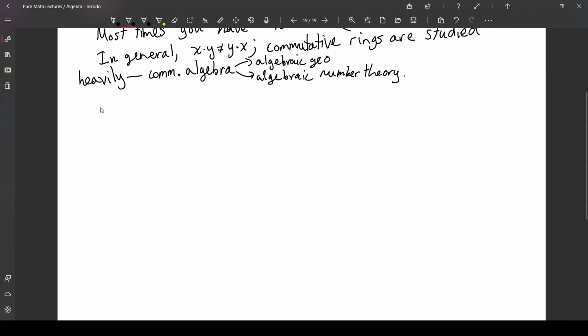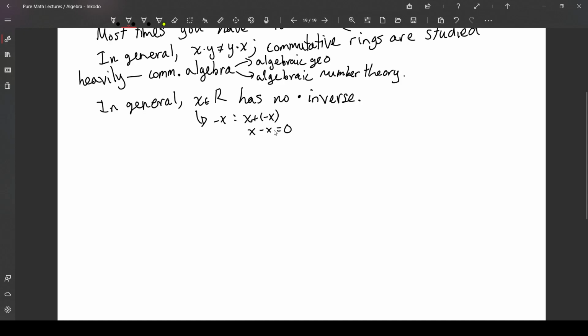Another point is that, in general, x in R has no multiplicative inverse. So obviously for any x, there's a negative x, such that x plus negative x, or we can just write this as x minus x, is equal to 0, right?